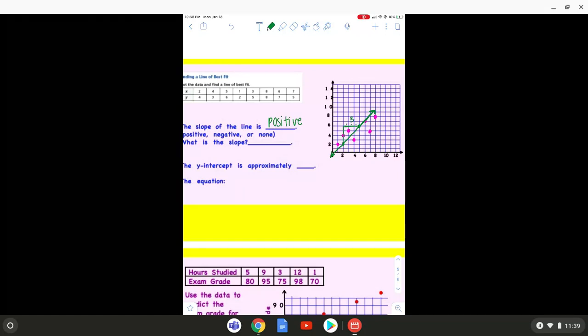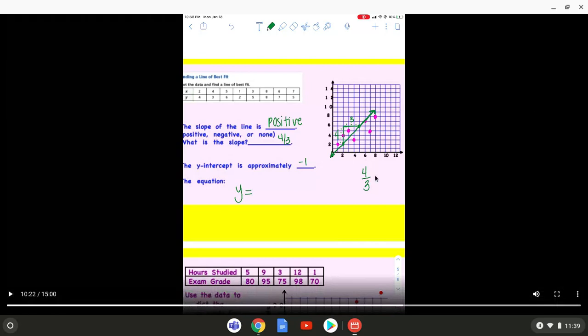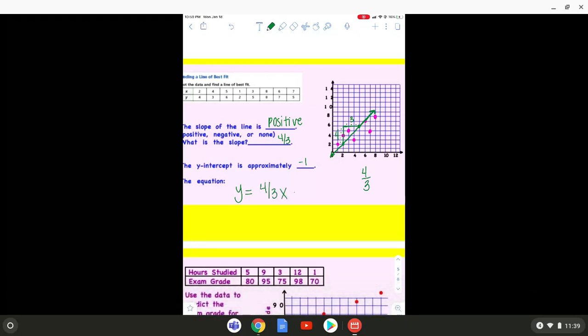I see that I have a run of 3 and a rise of 4. So my slope is going to be 4/3. And my y-intercept again is going to be about -1 because you can see right here where it would be crossing would be about -1. So I'm going to have 4/3 x minus 1 as my equation here.